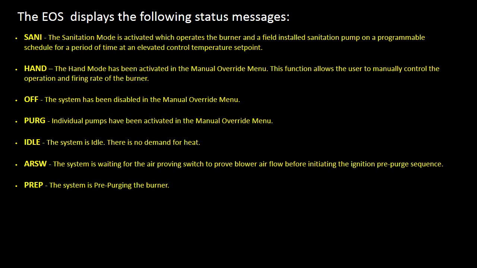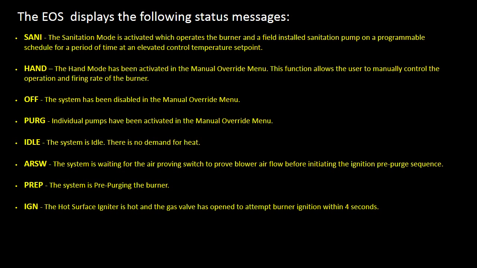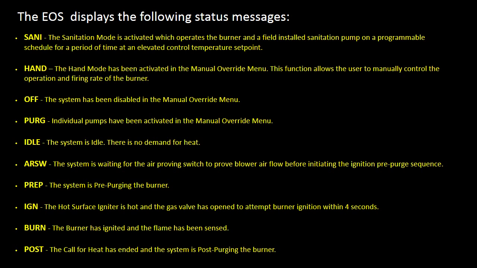Prep. The system is pre-purging the burner. Ignition. The hot surface igniter is hot and the gas valve is open to attempt burner ignition within 4 seconds. Burn. The burner has ignited and the flame has been sensed. And post. The call for heat is ended and the system is post-purging the burner.